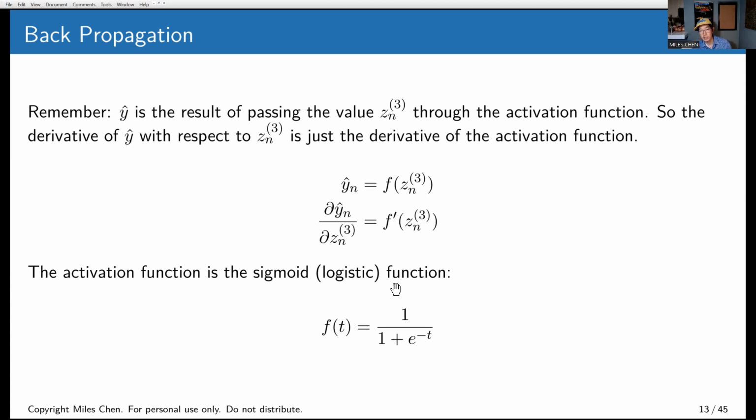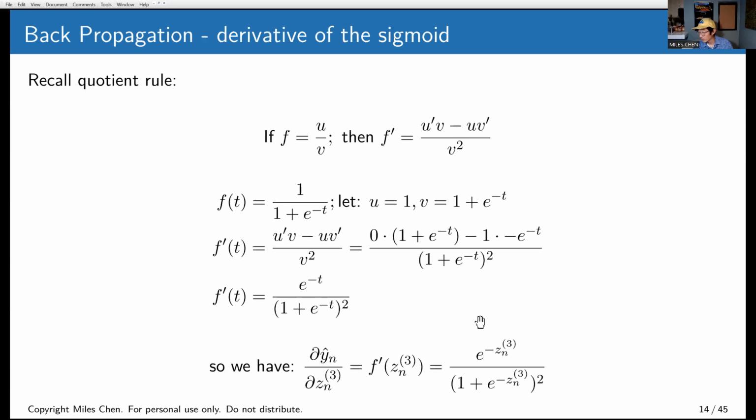If our activation function is the logistic function, 1 over 1 plus e to the -t, then we can use the quotient rule: f is u over v, and f prime is u prime v minus u v prime over v squared. We say u is 1 and v is this, and we do all of this, and basically we arrive at this as the derivative of the activation function. So f prime of this is equal to this.